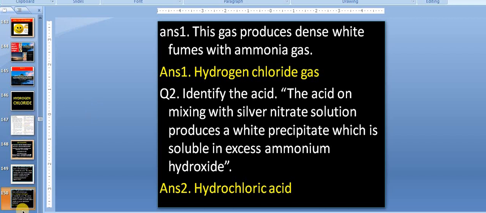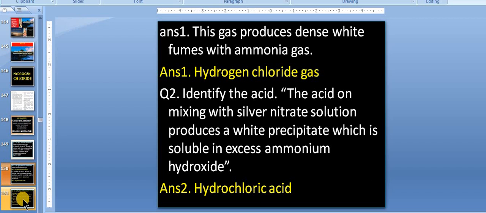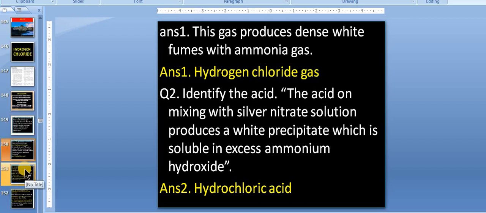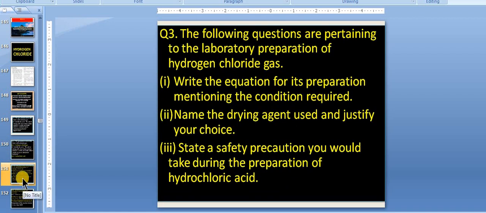Please don't write answers which are not acceptable. When you write HCl, this is normally not the correct answer. HCl can be a gas, it can be an acid. So you have to write the name hydrochloric acid. Please check all these small things. Sometimes the marks do matter in that case.